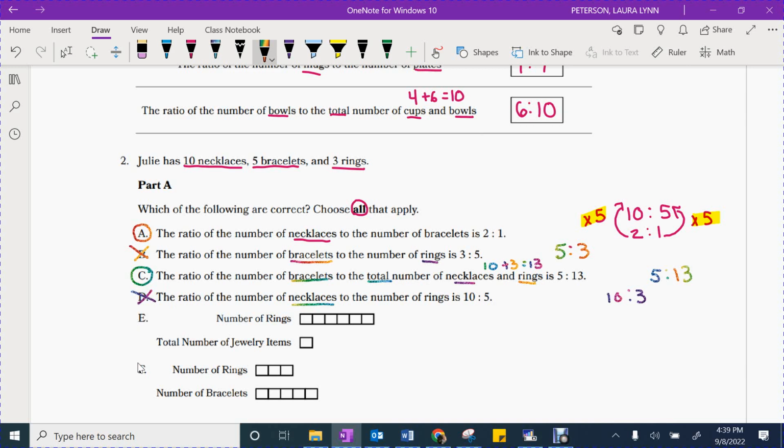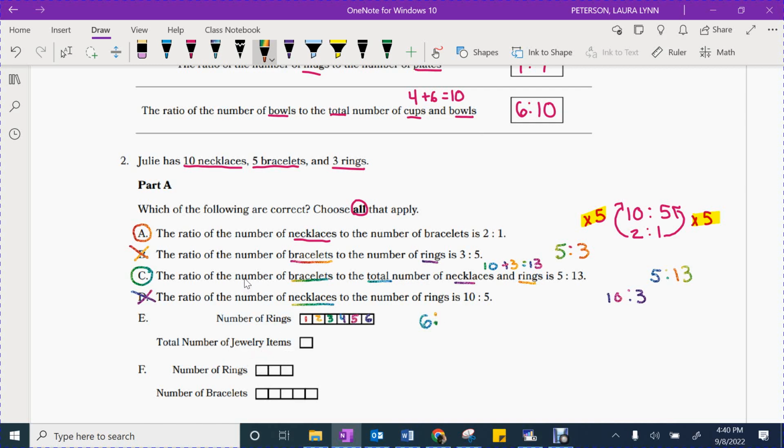Parts E and F are tape diagrams. So it's a visual of the ratio. So E, it's saying we have the number of rings, and I'm going to count this. 1, 2, 3, 4, 5, 6. So this picture is saying I have 6 rings to the total jewelry items.